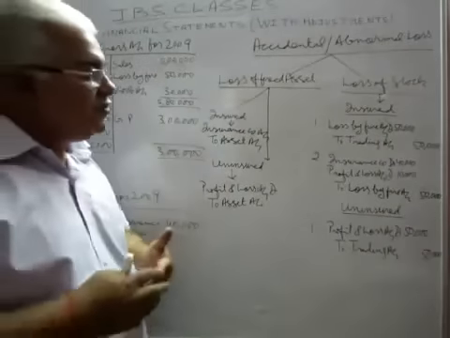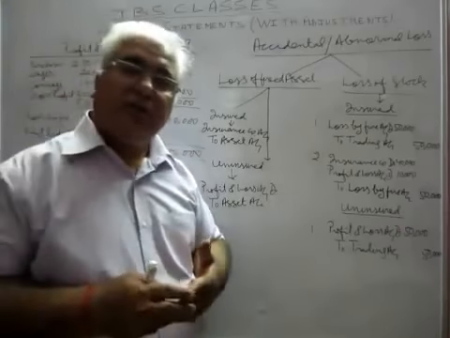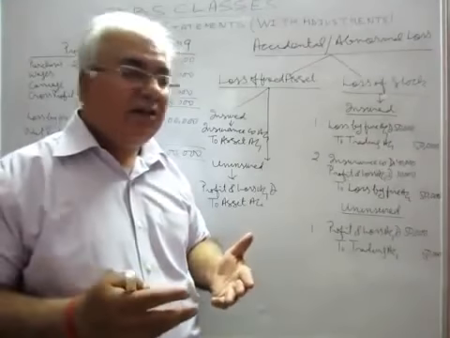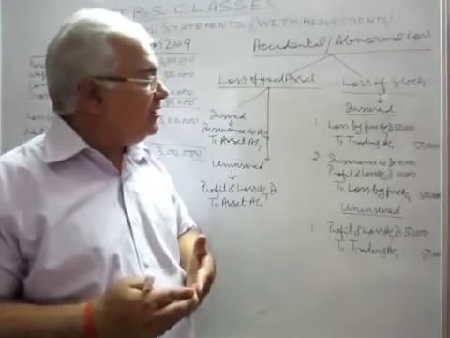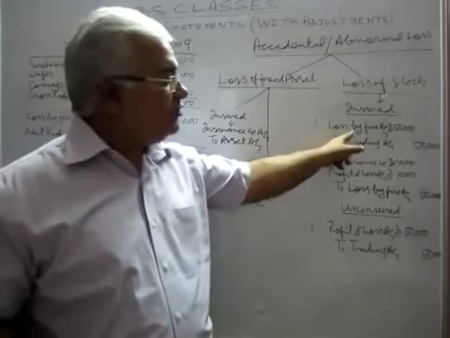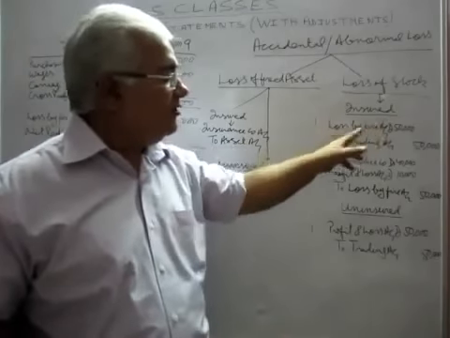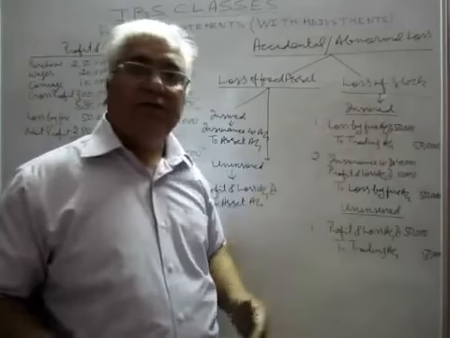Now we talk about loss of stock. If your stock has been lost due to say theft, fire, etc., then if it is insured, you have to put these two entries: loss by fire account, say 50,000, debited to trading account.